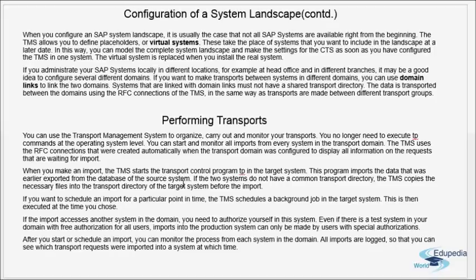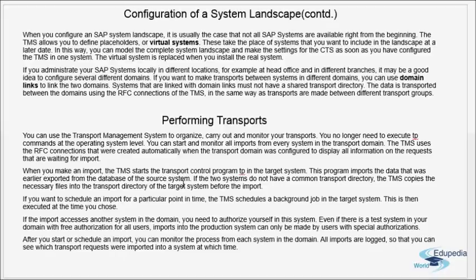The other thing we discussed is how to do the transports. Because STMS is centrally configured in the domain, from any system you can open all other systems in the transport domain and see the logs of all the change requests in that system. To do imports you need special authorizations in the target system.